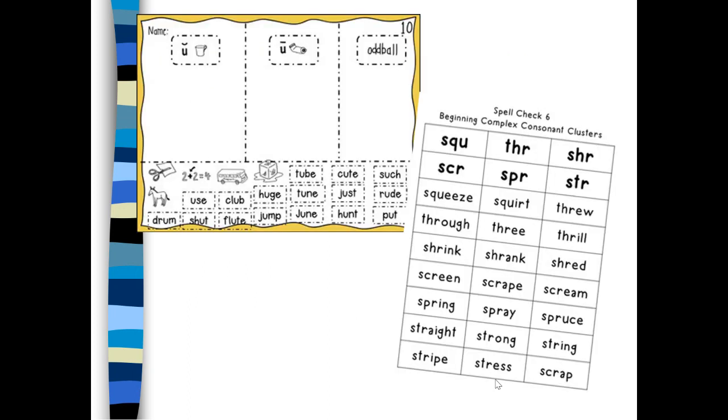A word sort might look something like this. For the image on the upper left-hand side with the short vowel U and then the long vowel U, there's a column for oddball. You see three different columns there. Underneath those columns, you see a list of words, and what your student would do is, first, you would have those words cut out and the columns situated so that the student could move those words into the correct column.